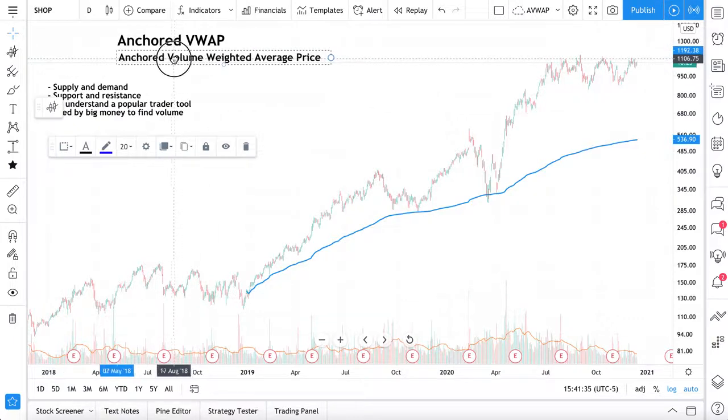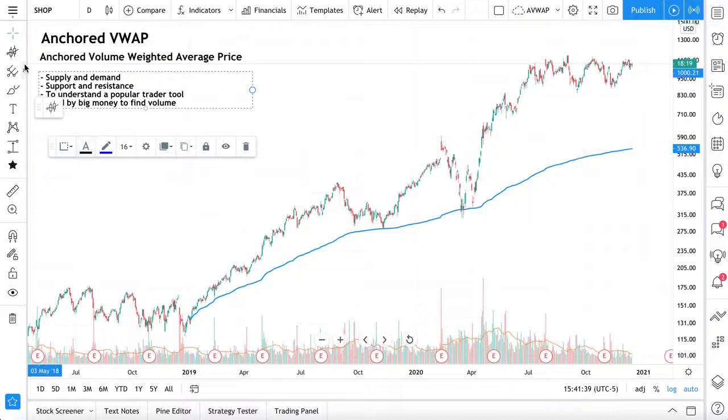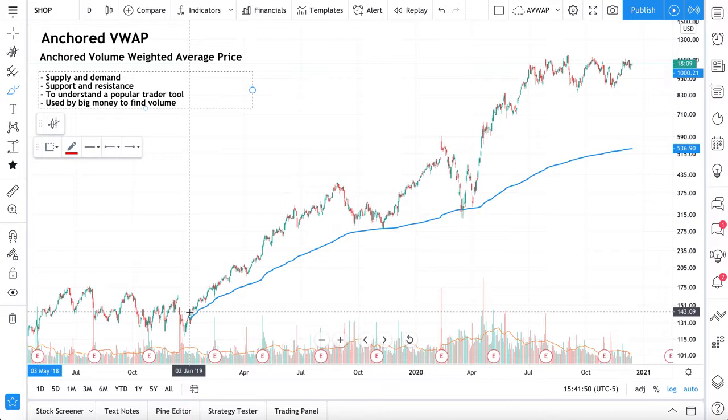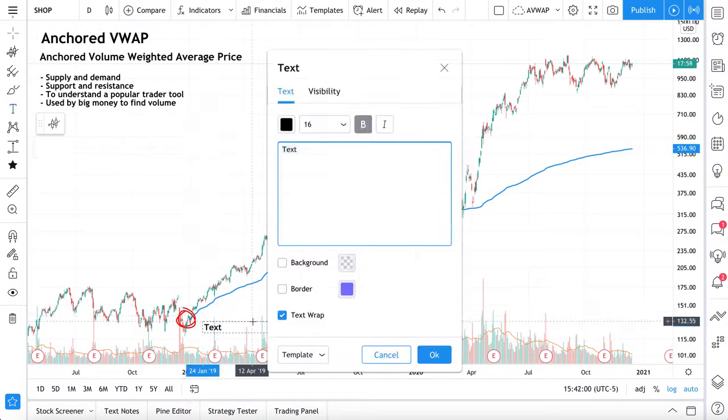Now support and resistance and supply and demand share the same things in common, but they're used differently, and you could say that these certain anchored volume weighted average prices are actually support zones. And check this out. We started this volume weighted average price at the start of 2019. So this is our 2019 start.